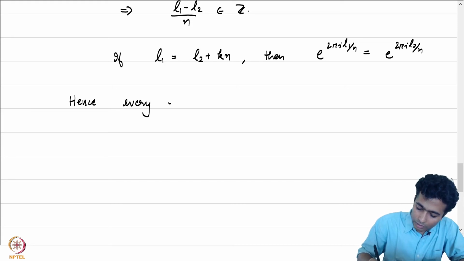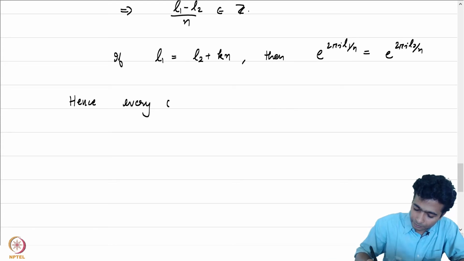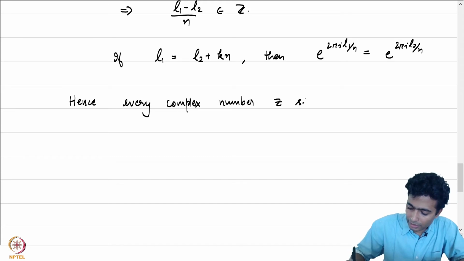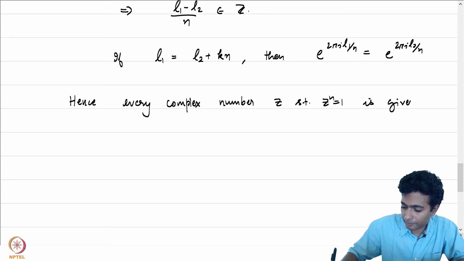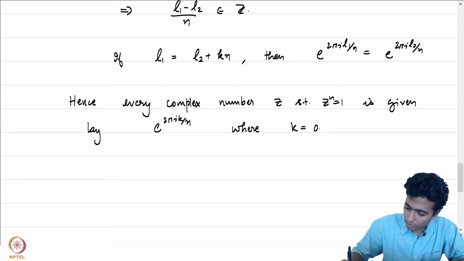Hence, every complex number z such that z to the power n is equal to 1 is now given by e to the power 2 pi i k by n, where k is equal to 0, 1, 2 up to n minus 1.